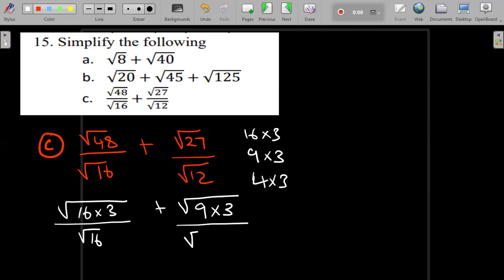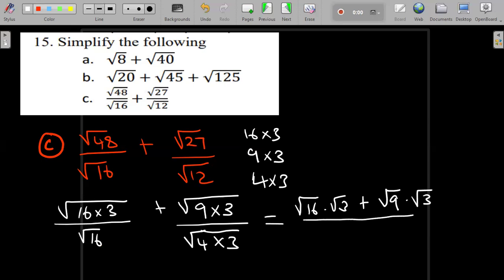So that would be the square root of 4 multiplied by 3. And then now let's separate those sides. It would be the square root of 16 multiplied by the square root of 3 plus the square root of 9 multiplied by the square root of 3 again. And then I'm dividing all this. No, not all that. Each one has its own denominator.